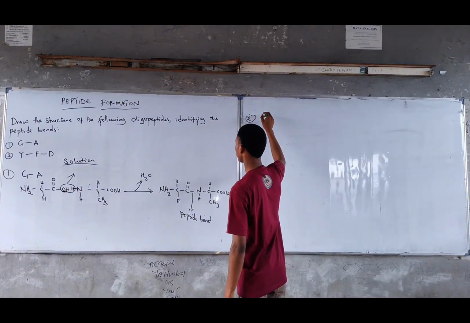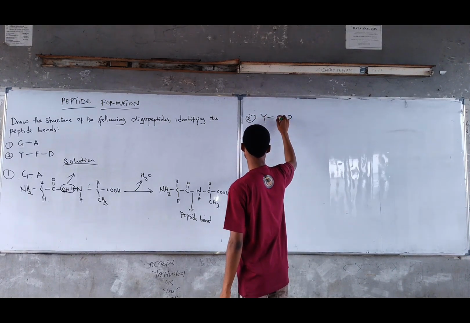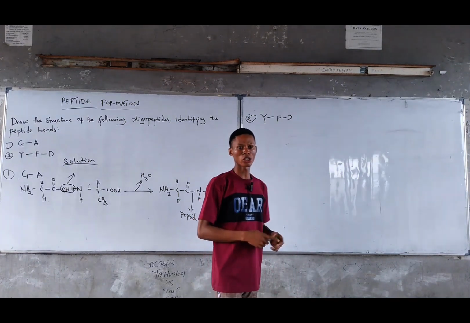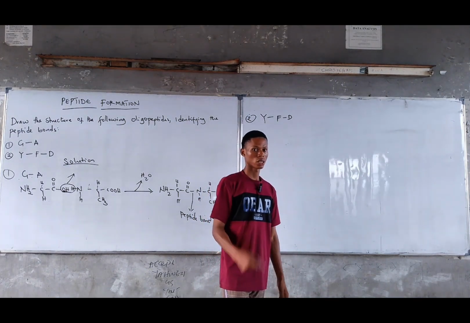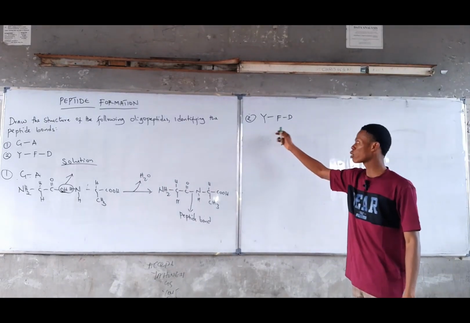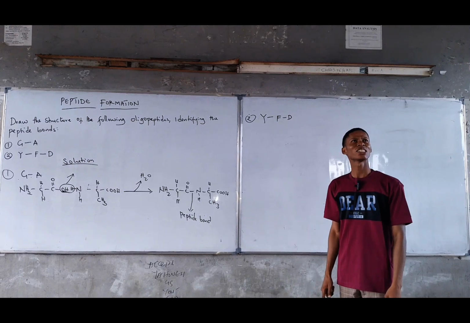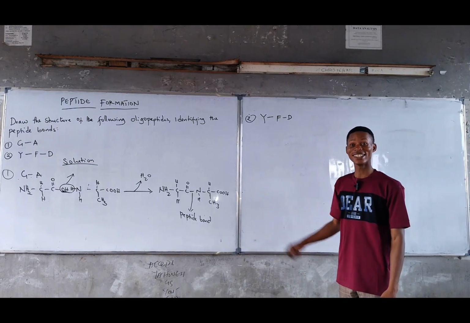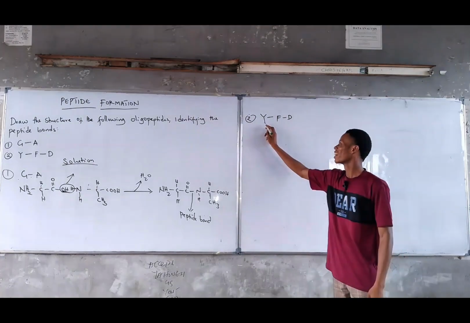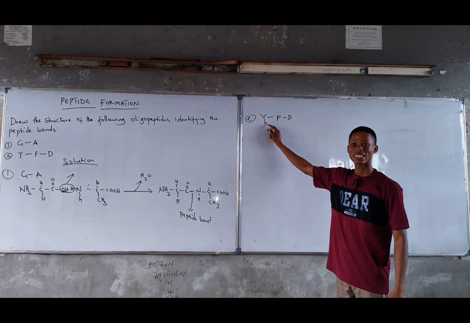Number 2. Y to F to D. The second one now, Y to F to D. Please, in the exam hall, you don't start thinking which one is Y, which amino acid is Y. Y is the one letter code for what amino acid?